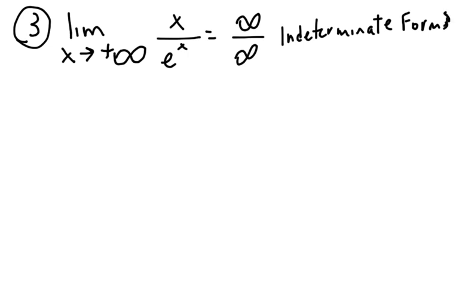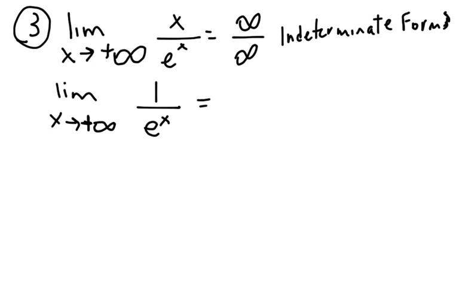So, we're going to use L'Hopital's rule and take the derivative of the top and the derivative of the bottom and evaluate the limit of the new function, because the limit of that function will be the same as the original. So what is the derivative of x? 1. What is the derivative of e to the x? e to the x.